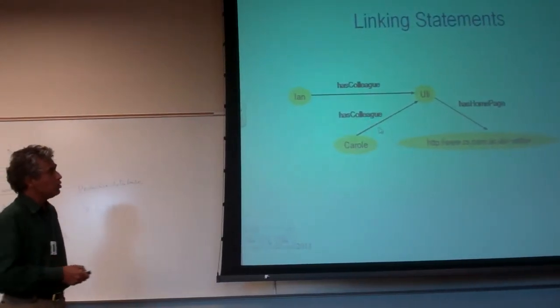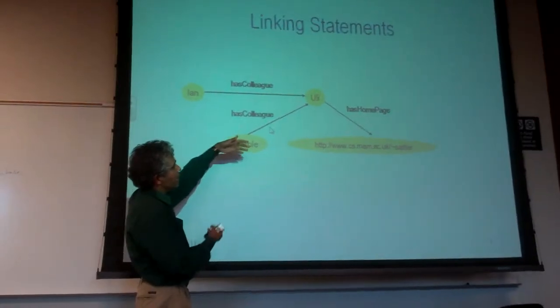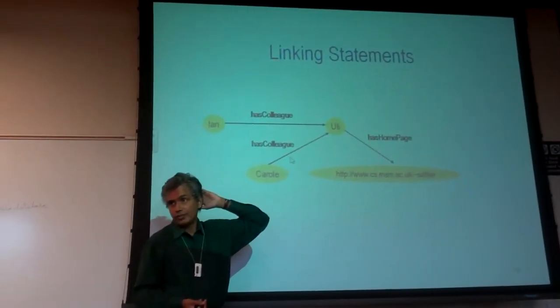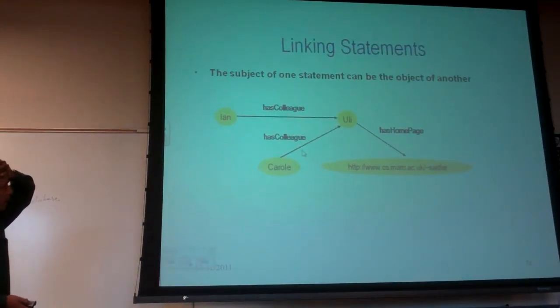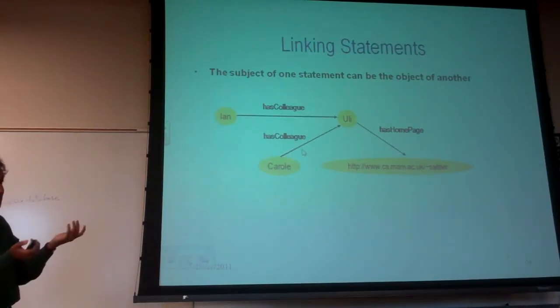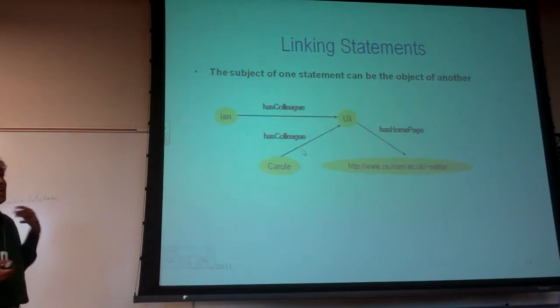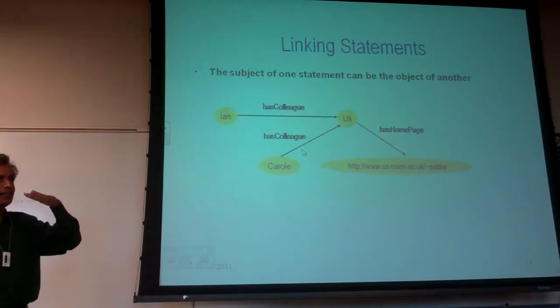So you can have multiple triples, and if you keep having more triples, then in essence you have a bigger and bigger directed graph. The subject of one statement can be the object of another statement, and you can think of this kind of graph as linked data, where the links are the relations.